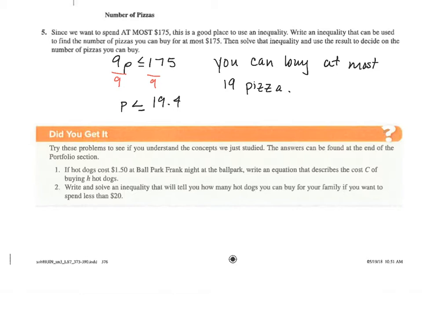And if you looked at the graph on number 4, if you looked at 19 on the x-axis and matched that to about 175 on the y-axis, we would get some sort of estimate, right? So it looked like in that case 19 or 20 pizzas, or it's hard to tell. But with our inequality that we solved, we definitely know.